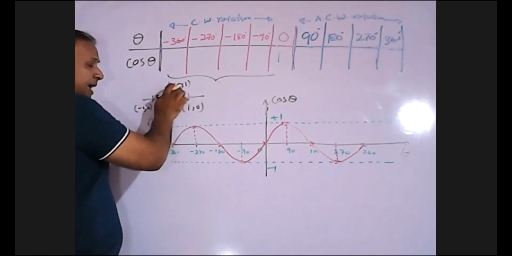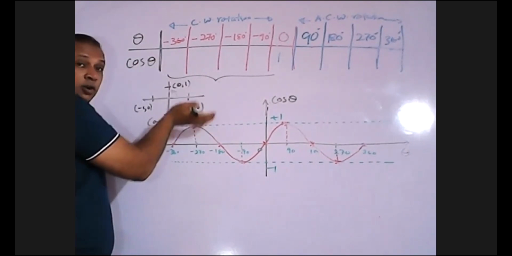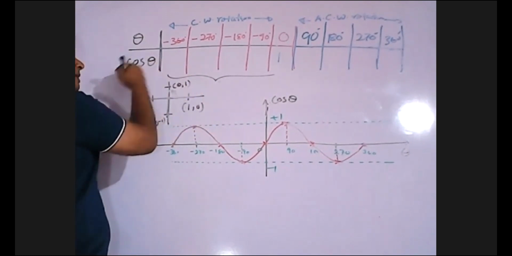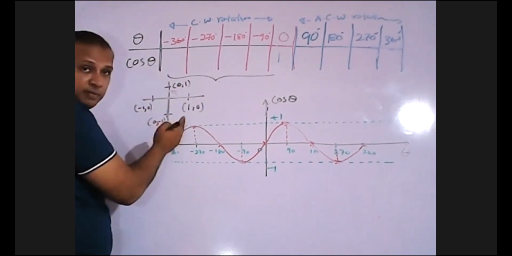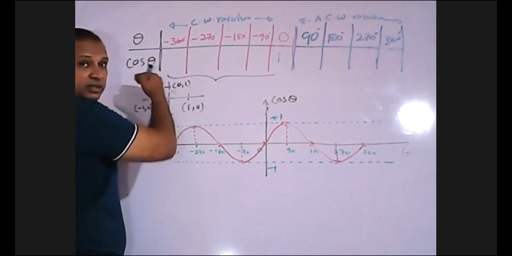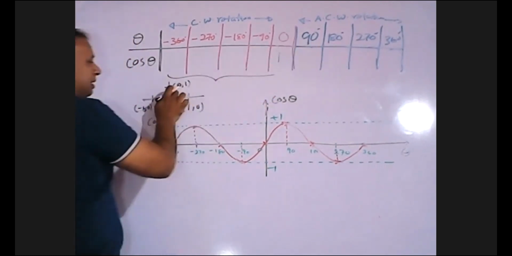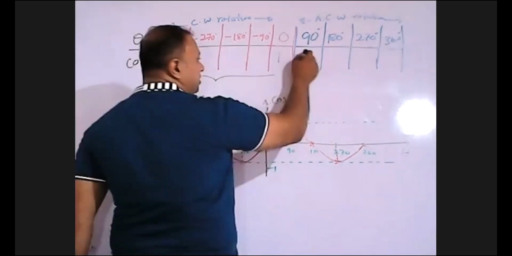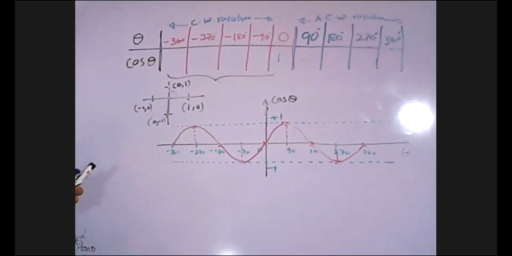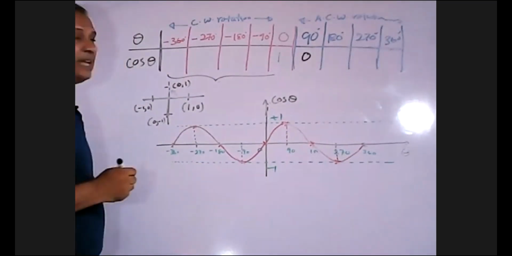When it is plus 90, you should rotate this one in anti-clockwise direction. Plus angles are in anti-clockwise direction. So the point related to plus 90 is this one. So x value is 0. Then plus 180.